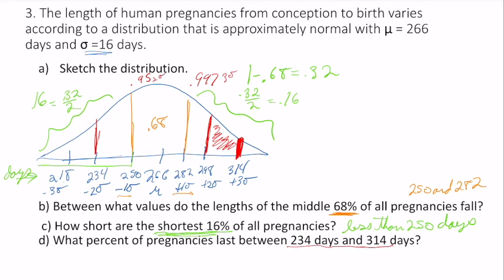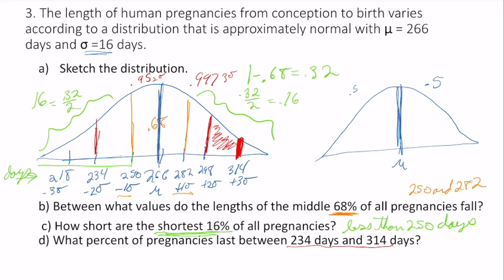Let's think a minute about what the mean does for the normal distribution. What the mean does in the normal distribution is it divides it in half. So the area over here would be 0.5, and the area over here would be 0.5. Our mean does the same thing over here. So I'd want to know what half of 0.95 is plus half of 0.997.